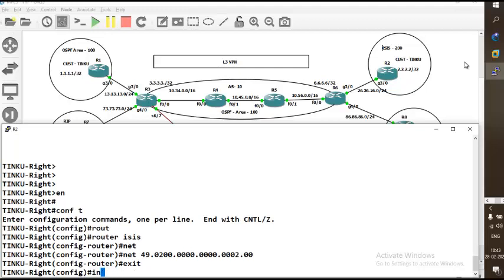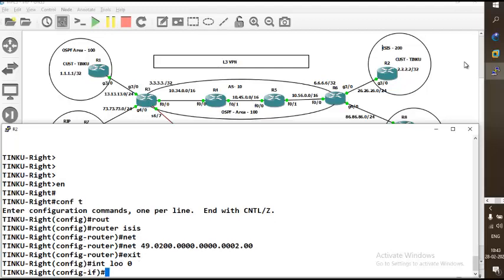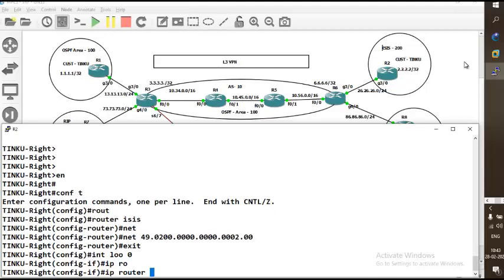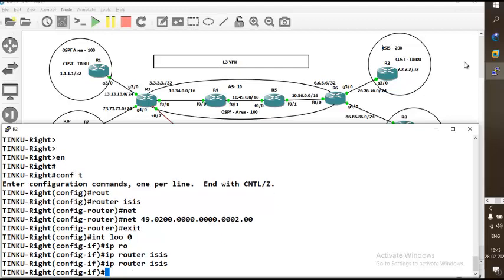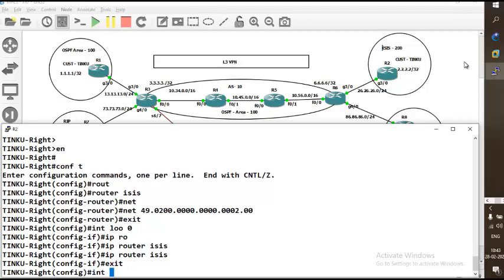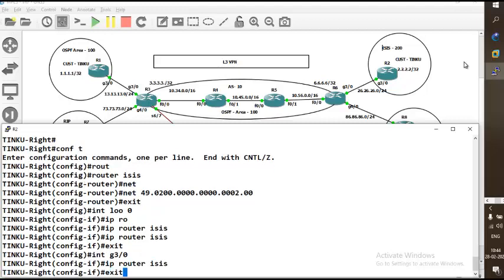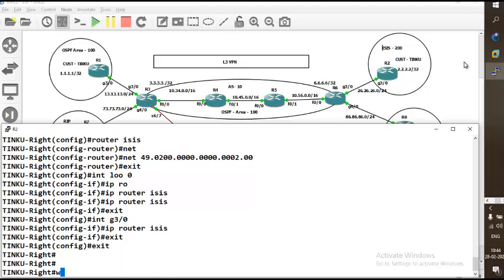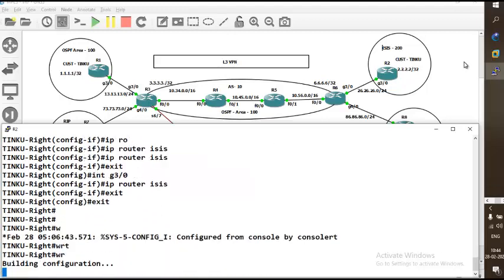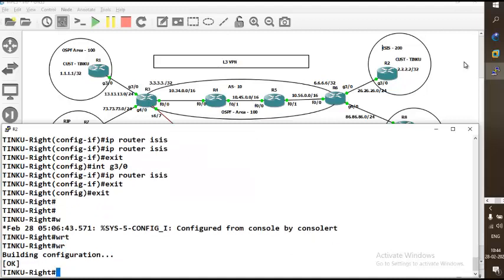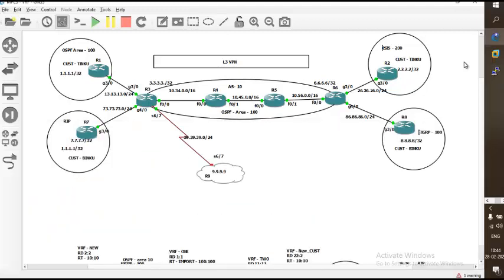First, let us put Loopback. IP router ISIS done. Interface G3/0, IP router ISIS done. Now I will check whether this is running with show CLNS.